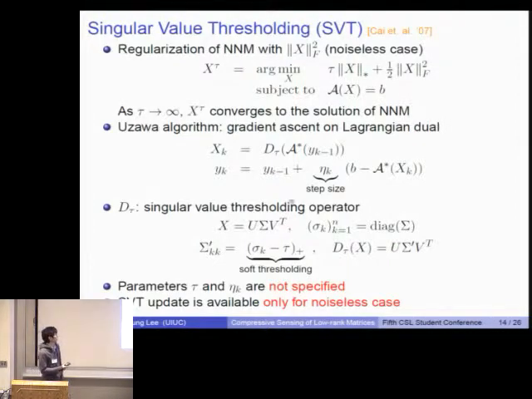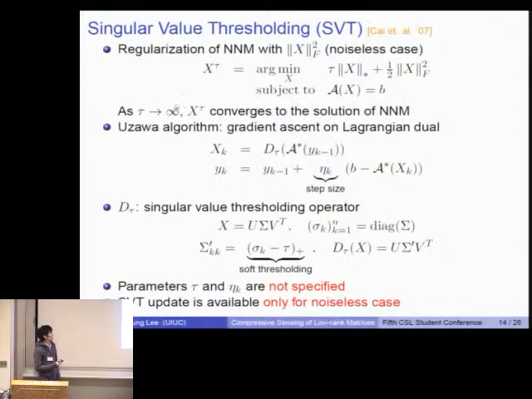So other people, Cai, Shen, and Candès, thought of another efficient way to solve nuclear norm minimization. The idea is to regularize the nuclear norm minimization with squared Frobenius norm, like this, with some parameter tau. If we solve the problem, we can obtain the minimizer indexed by tau.